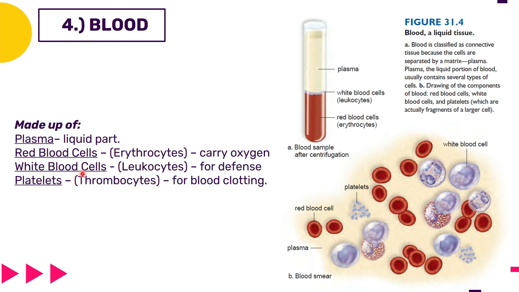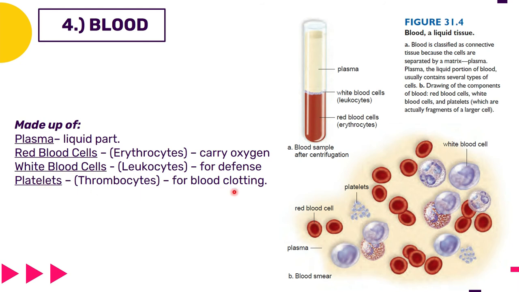The function of WBCs is defense against foreign bodies. WBCs have several types, and each specific type has a specific job for defense. Then you also have platelets, also known as thrombocytes. The function of platelets is blood clotting.